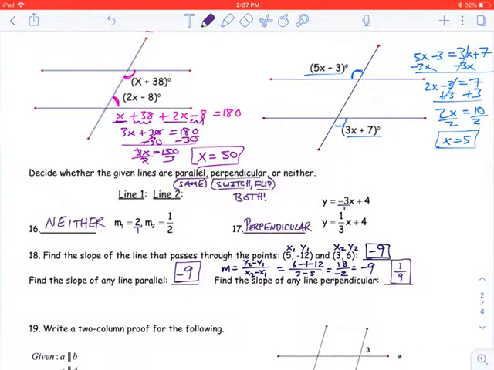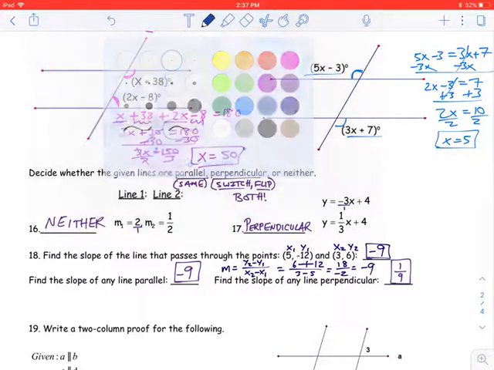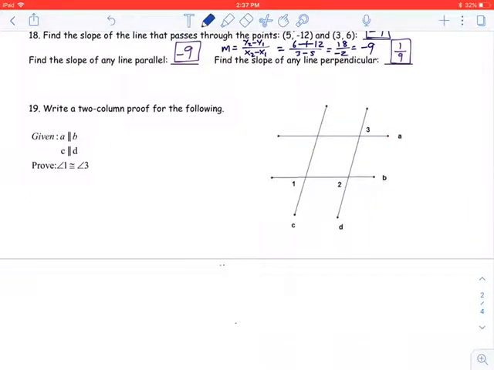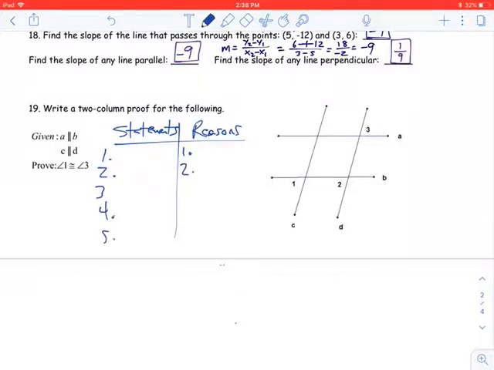All right, and so our last thing here is a 2-column proof. So statements and reasons. The first two should be obvious. This is going to end up being 5 steps.